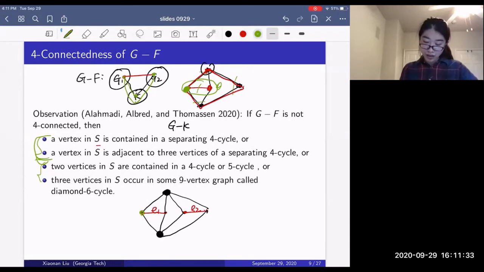Like this, if we assume this is in S and this is in S, then two vertices in S are contained in a 4-cycle. If they are not contained in a 4-cycle, we will have something like this.